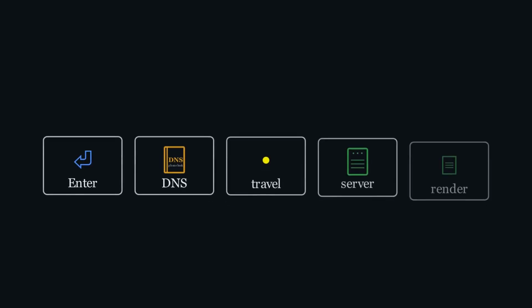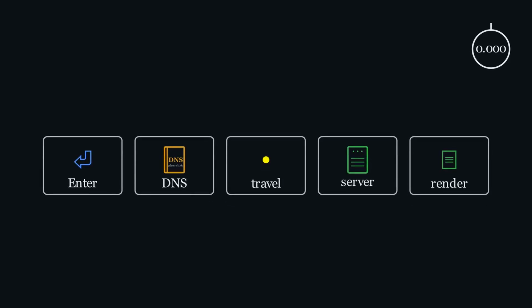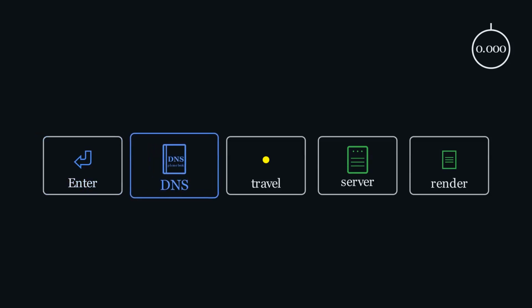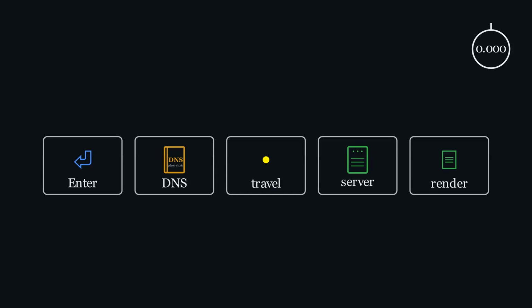Let's replay the whole thing. You press enter, your computer checks its sticky note or asks the DNS phone book and gets Google's number. The request races across the network. The server reads it, does its work, and fires back a response.